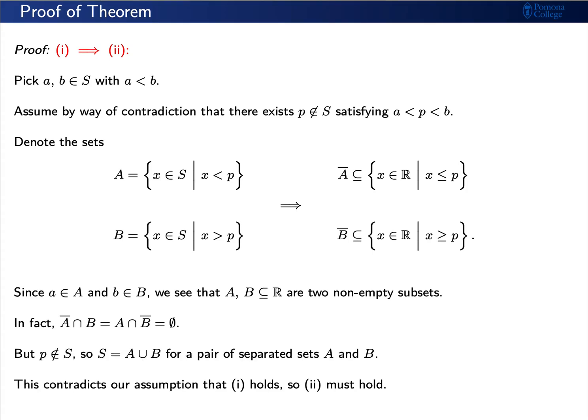But because P is not an element of S, we then see that S has to be the union of a pair of separated sets A and B. But of course, this contradicts our assumption that property 1 holds, so we do see that property 2 does indeed hold.